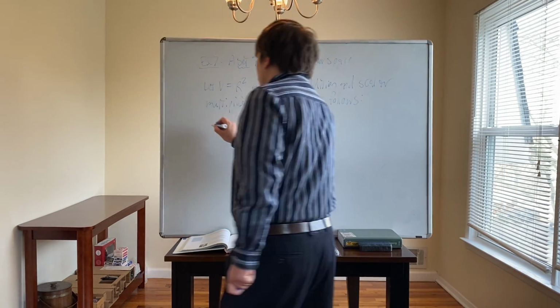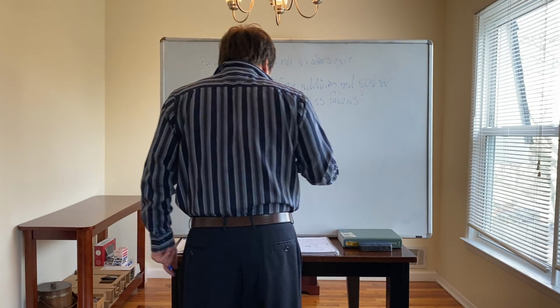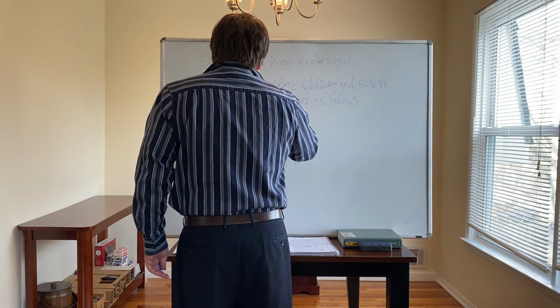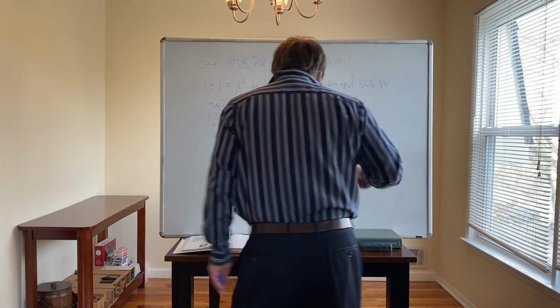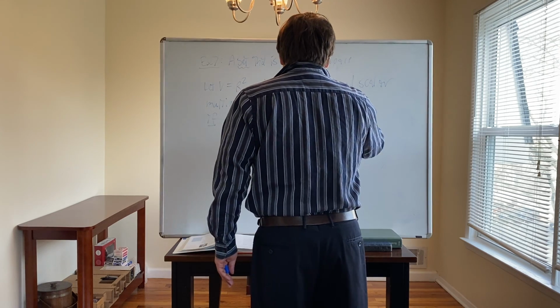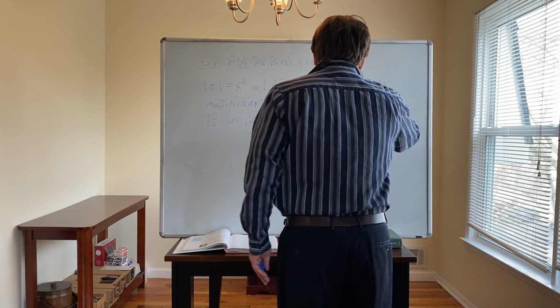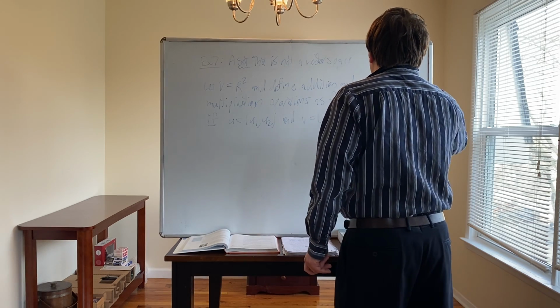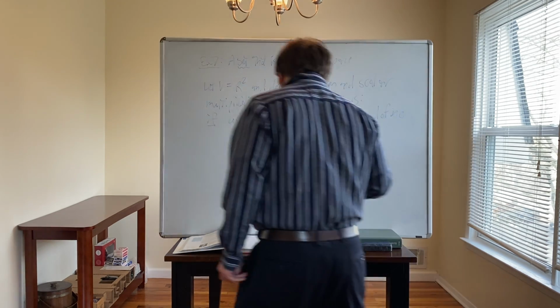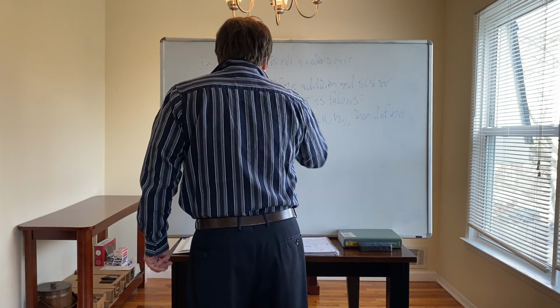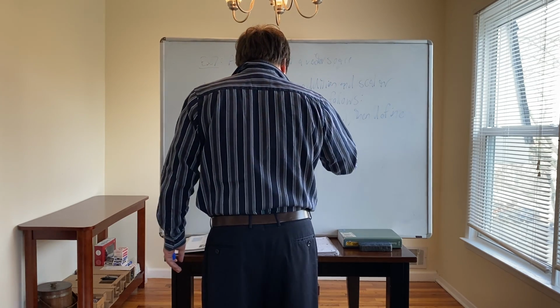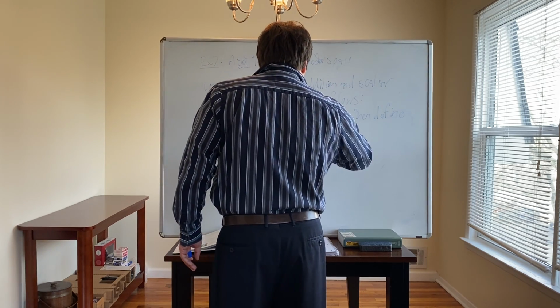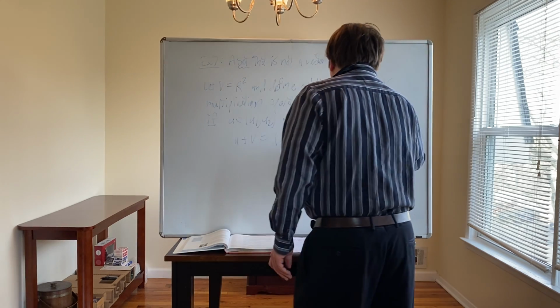Okay, so if u equals (u1, u2), and v equals (v1, v2), then define u plus v is equal to (u1 plus v1, u2 plus v2).